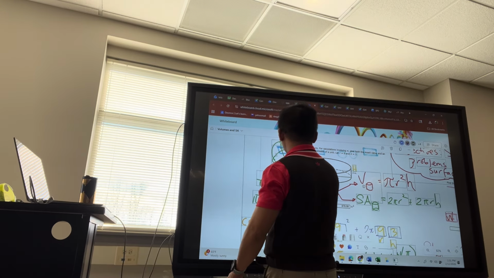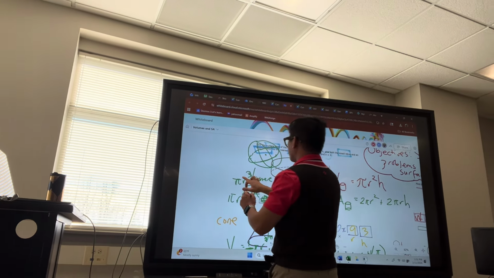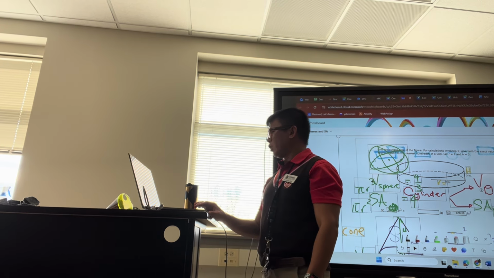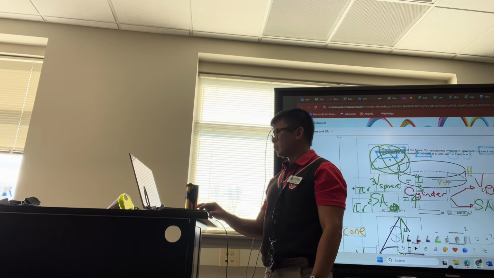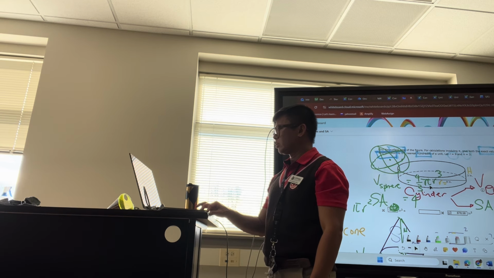Okay, why is this one? Okay, this one should be moved in there. 4/3. Oops. Okay, let me just do this one. The volume of sphere. I think this was moved, right? Was this moved? I think it's because you zoomed in, maybe. Yeah, because you got it. That makes sense to me. Did I zoom it in? Okay, there we go. Yeah.